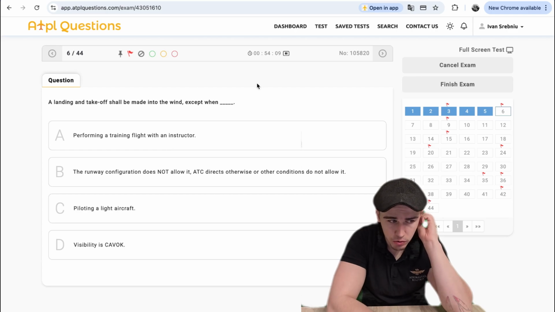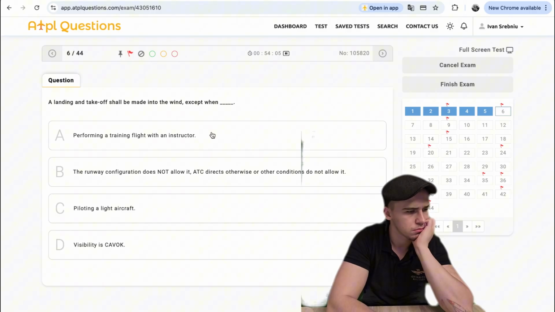A landing and takeoff shall be made into the wind except when safety first: the runway configuration does not allow it.